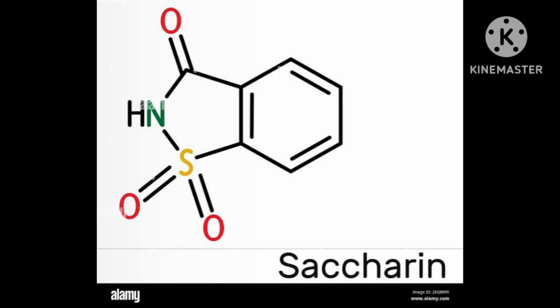First is food colors, second is flavors and sweeteners, third is fat emulsifiers and stabilizing agents, fourth is flour improvers, for example anti-staling agents and bleaching agents, fifth is antioxidant, sixth is preservative, and seventh is nutritional supplements such as minerals, vitamins and amino acids.